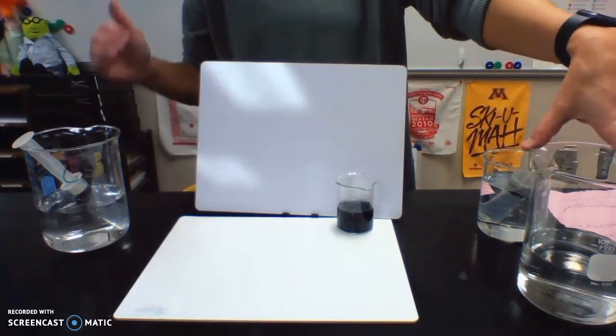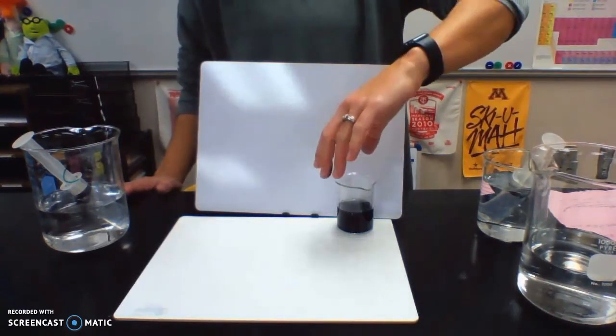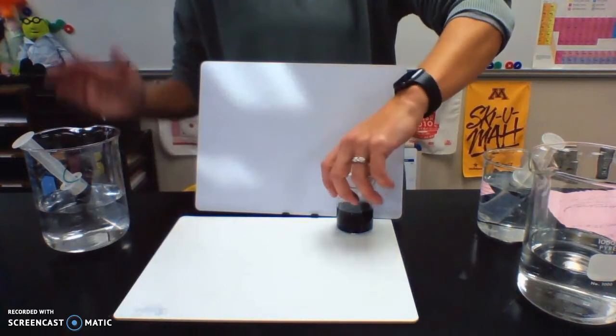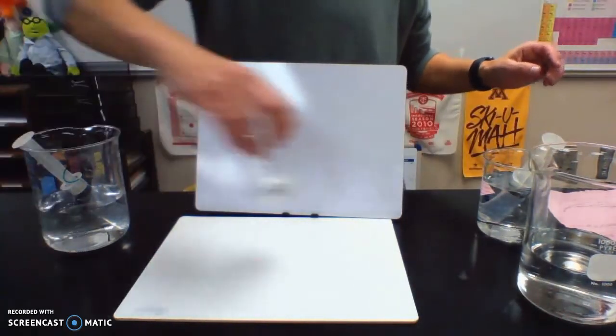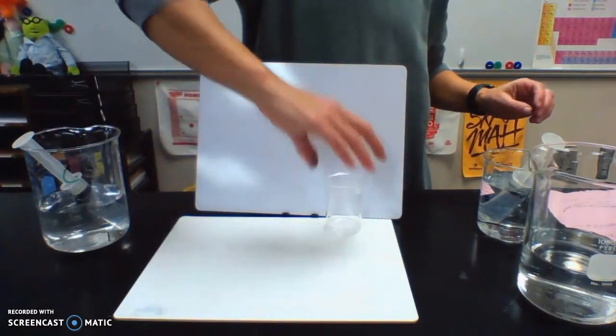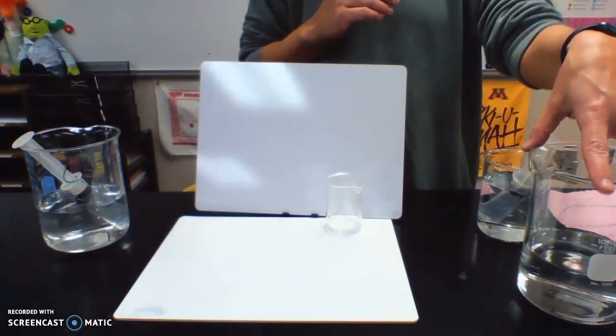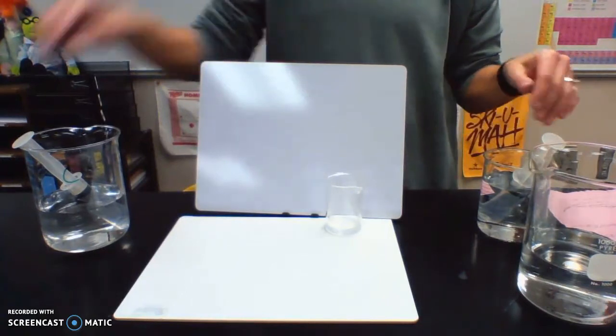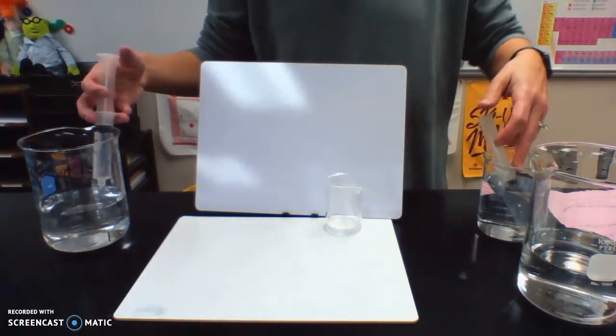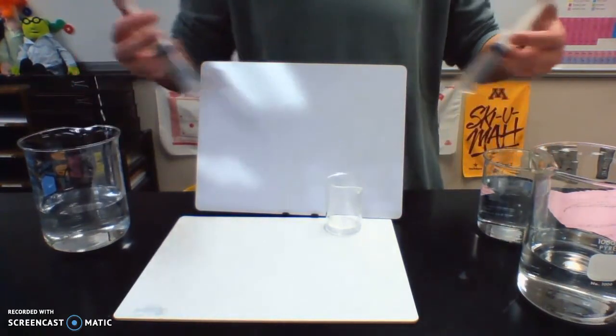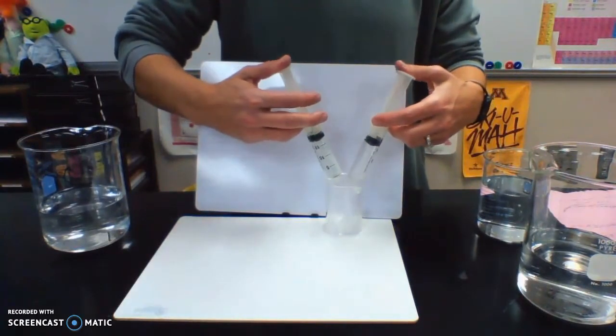We diluted A in that last one, so now let's dilute A more, making it less concentrated. I've already added B to this. Now I have 10 milliliters of A and 10 milliliters of water, so it's more dilute, with the same amount of C. All right, here we go. 1, 2, 3, go.